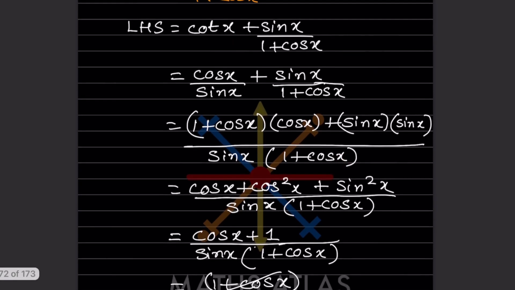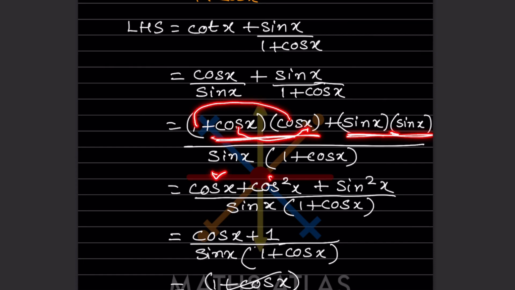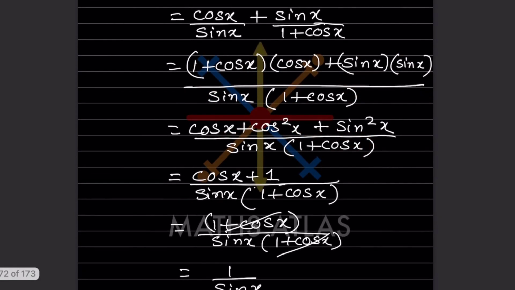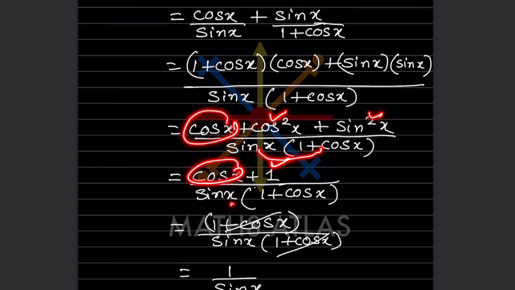Now see here, this is the first term and this is the second term. So we can put this into this, that is cos x, and this into this is going to be cosec square x, and this is going to be sin square x, and this will be as it is. Now we can write here cosec square x plus sin square x, that is going to be 1, and this cos x here will be as it is over here.